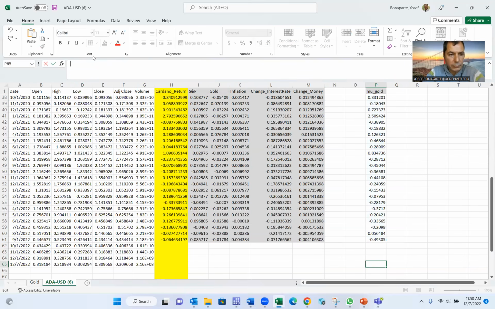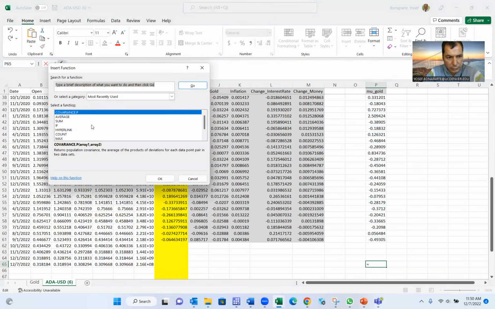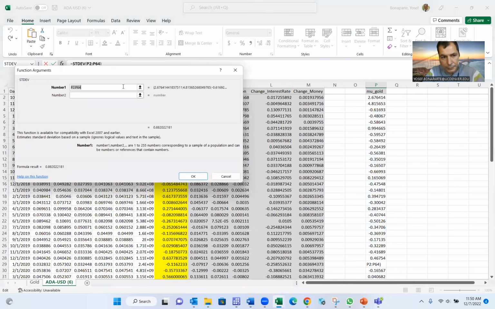You can use the standard deviation instead.